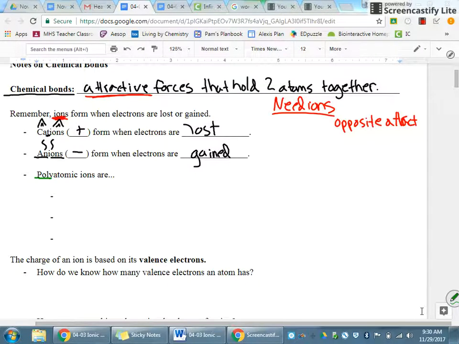So polyatomic really means multiple atoms. The definition of a polyatomic ion is a group of atoms that are charged.